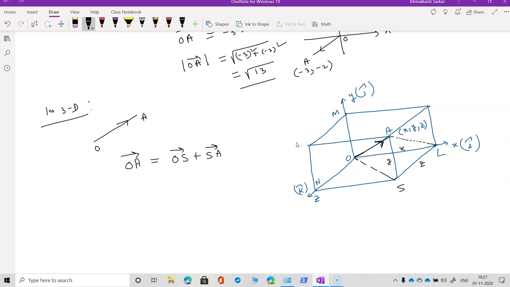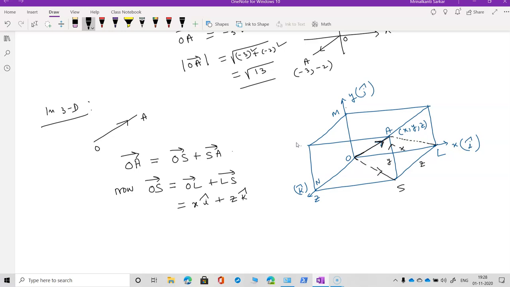By triangle law, this is OS and this is AC. So OA equal to OS plus AC. OS equal to what? OL plus LS. OL is X into I cap. LS is Z into K cap. Okay.